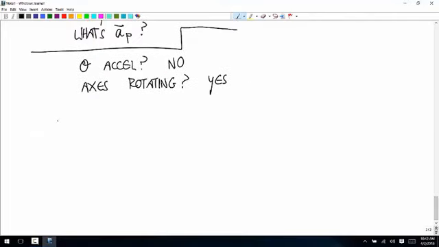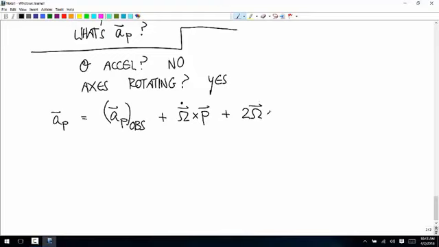So we know that the acceleration of p is going to be the observed acceleration of p plus capital omega dot with the position vector plus 2 times the angular velocity of the coordinate system crossed with the observed velocity of p plus capital omega cross quantity capital omega cross p.